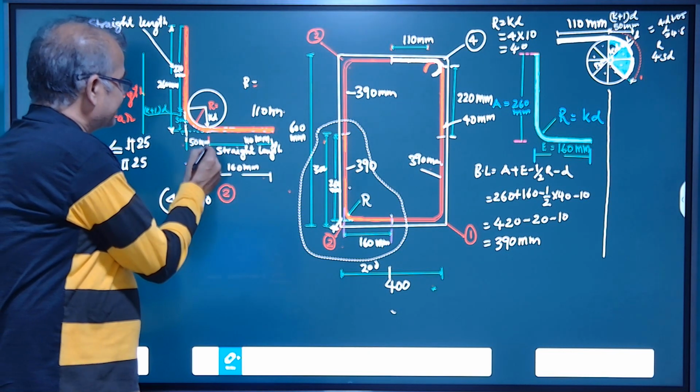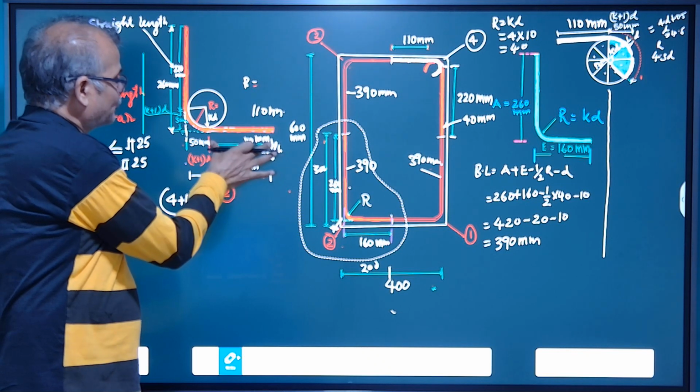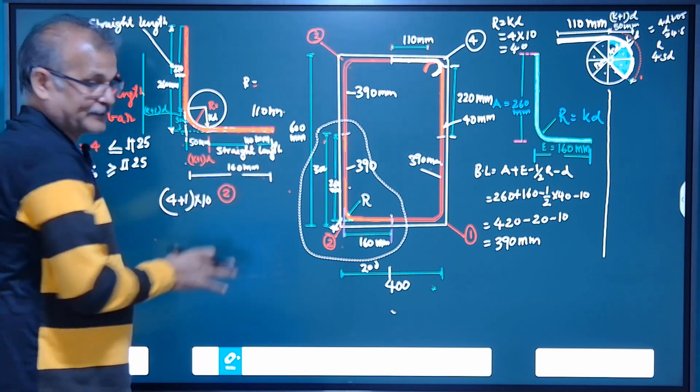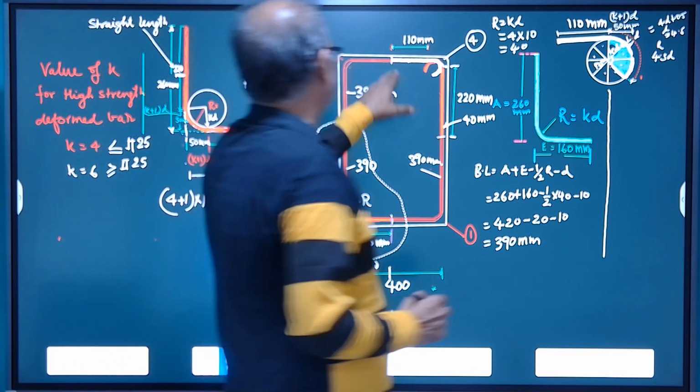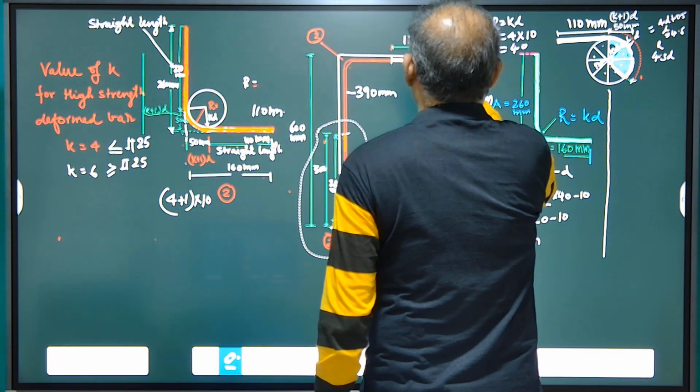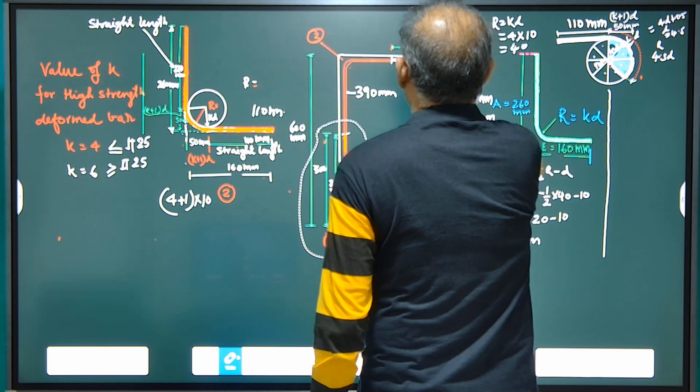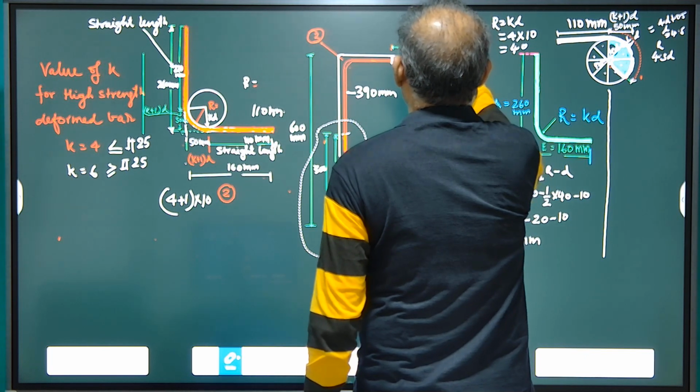If we subtract 50 mm, we get the straight portion of the bend. So this straight portion is 110 mm, the straight length before the hook.